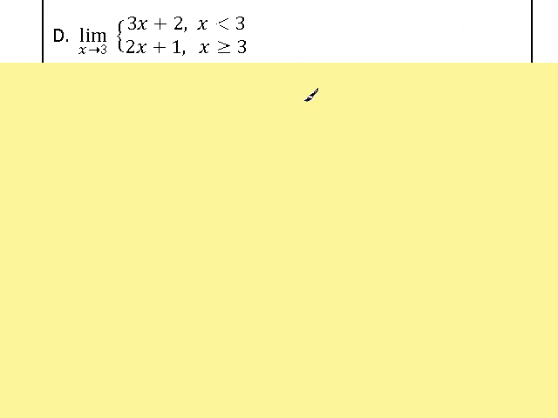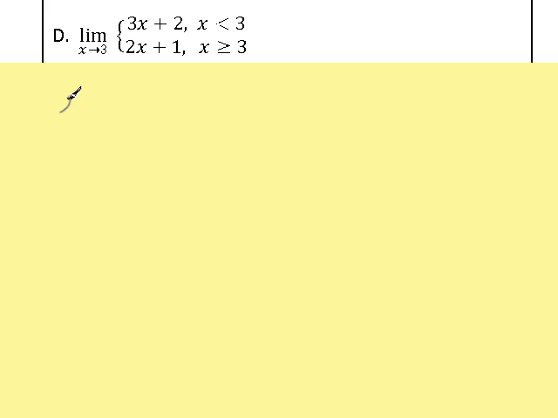In part D, we have a piecewise defined function. To the left of 3, we have the expression 3x plus 2, and to the right of 3, we have 2x plus 1. So in order to take the limit as x goes to 3, we are going to use the top expression if we're approaching from the left, and the bottom if we approach from the right.